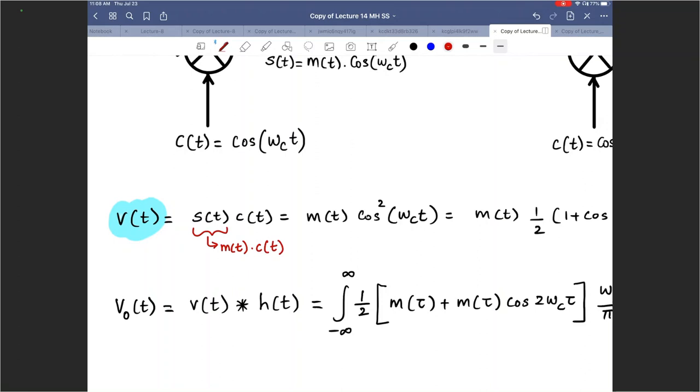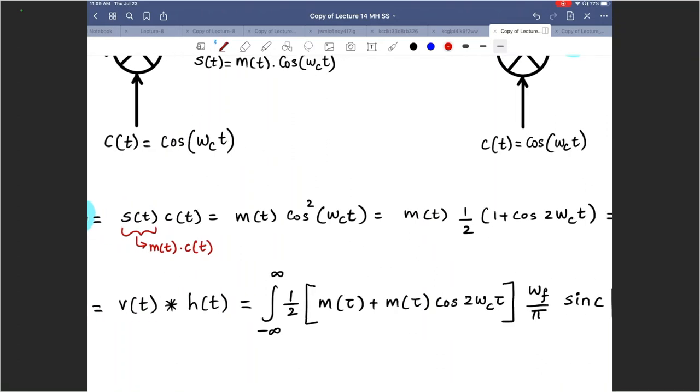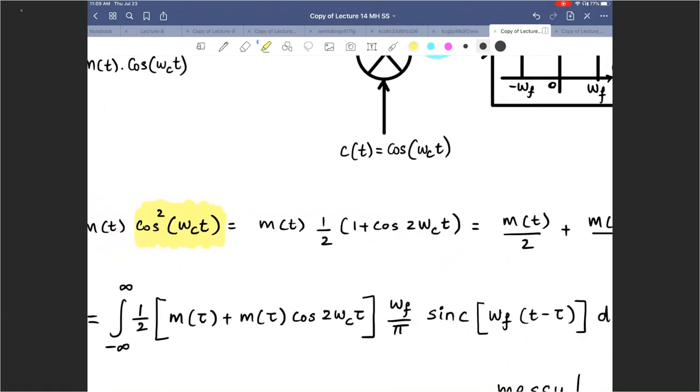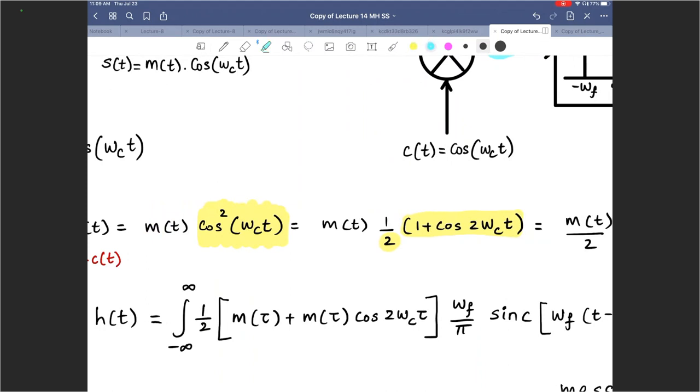So we multiply by c of t again, you get m of t cosine squared omega c t. Now this particular trig identity is going to be used many times. Cosine squared x is 1 plus cosine 2x divided by 2. You will use this trig identity many times. m of t remains as is.